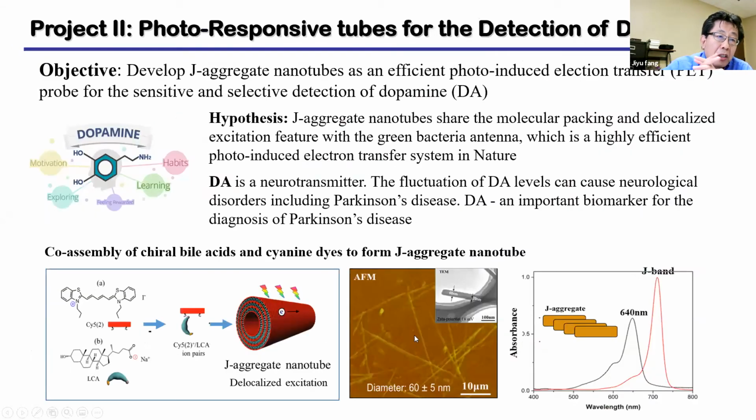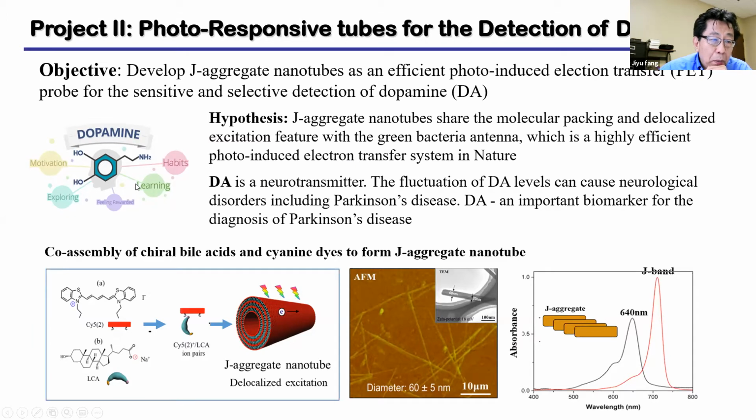The second project I work on is inspired by the green bacteria antenna, which I showed in the previous slide. I'm interested in mimicking this green bacteria antenna as a photo-induced electron transfer probe to detect the neurotransmitter.